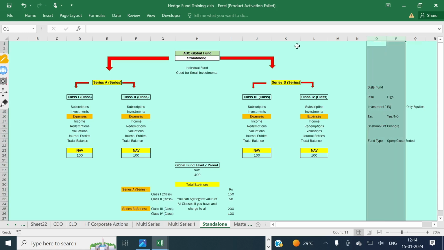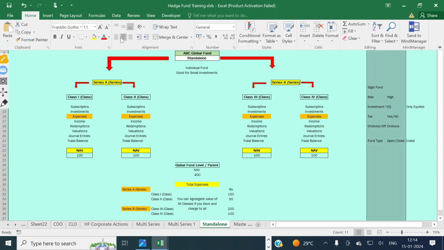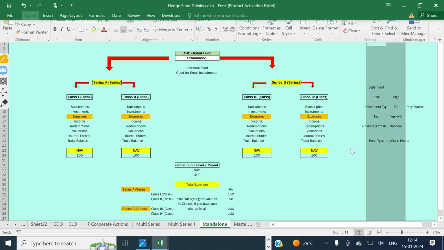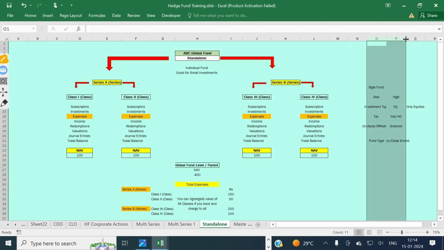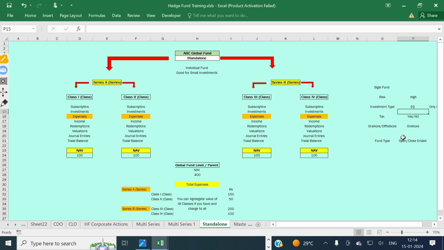When you establish or create any structure, your base should be this. First, define the risk, then investment instruments, tax status, whether it is taxable or non-taxable, then onshore, offshore funds basically, and fund type. First decide that and then go ahead with your structure.